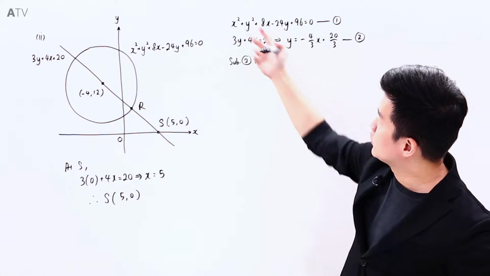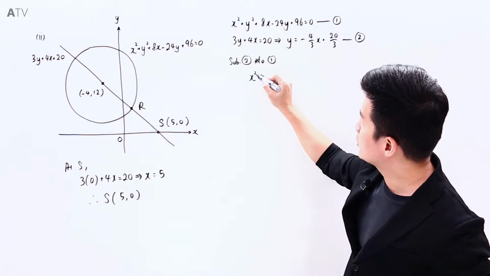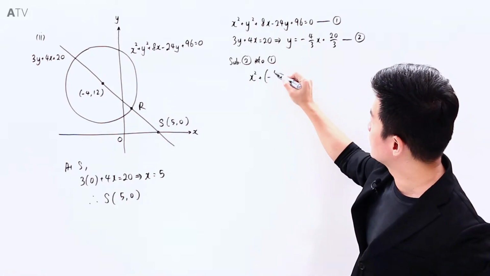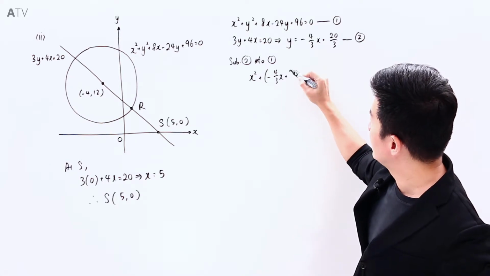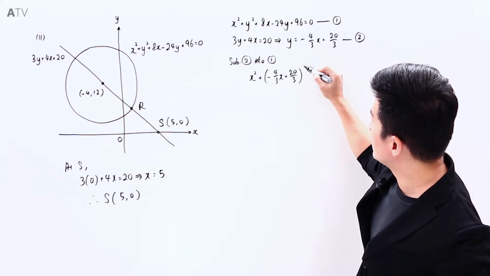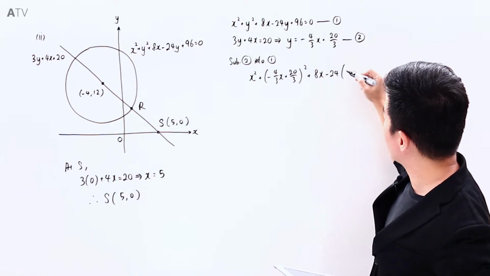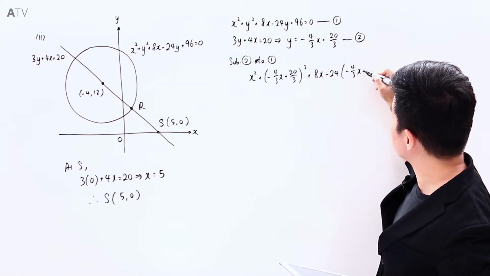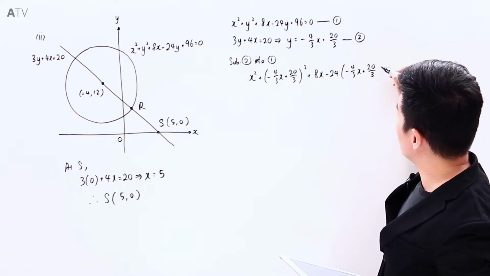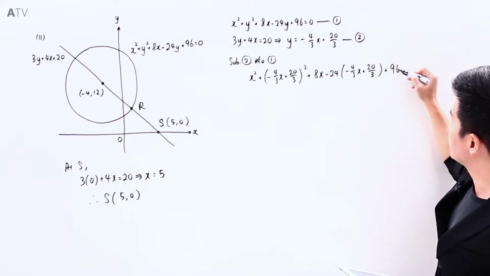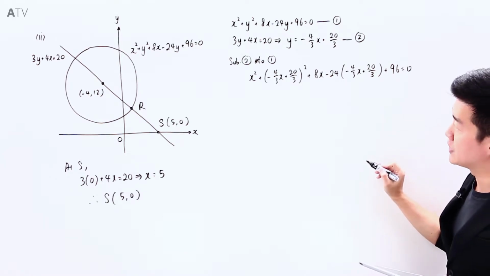Subbing this into here, it will be x squared plus y squared, which is (minus 4 over 3 x plus 20 over 3) squared, plus 8x minus 24y, which is minus 24 times (minus 4 over 3 x plus 20 over 3), plus 96. This is equal to 0.